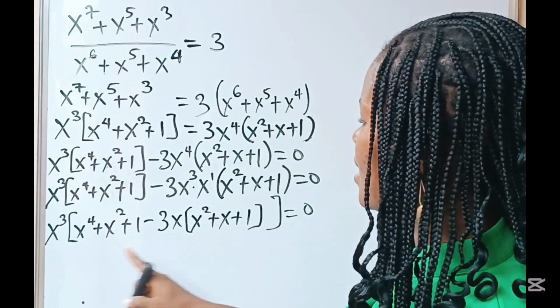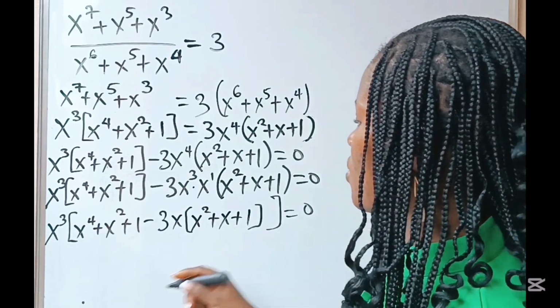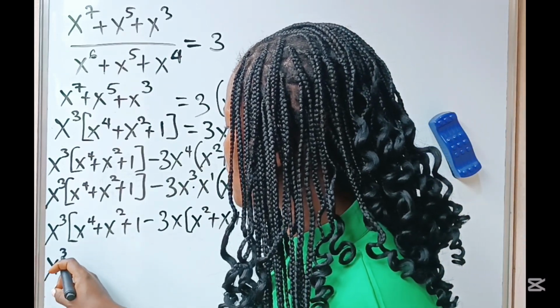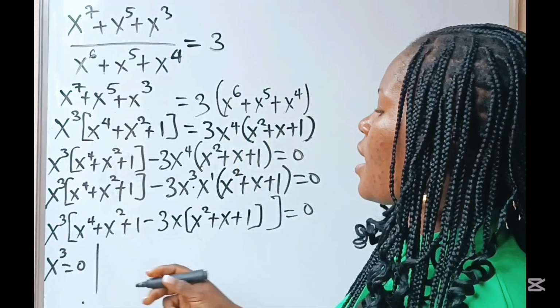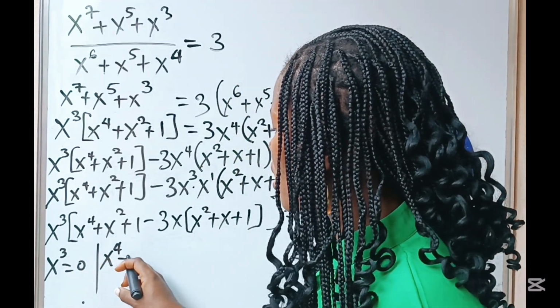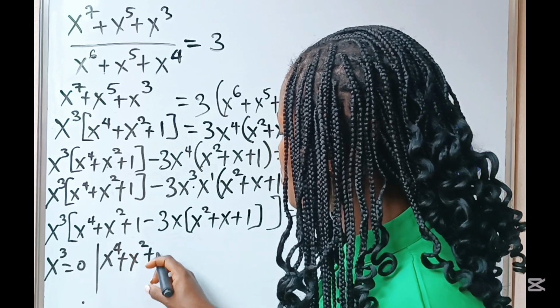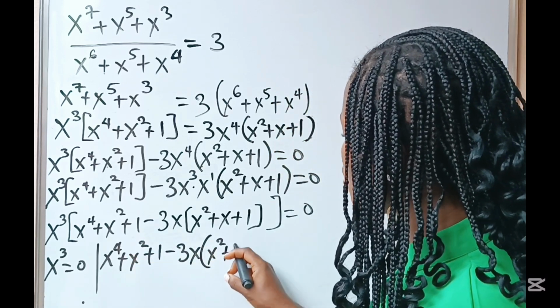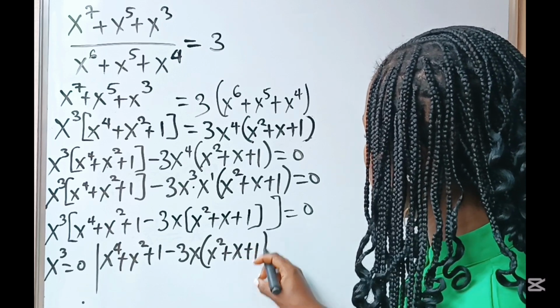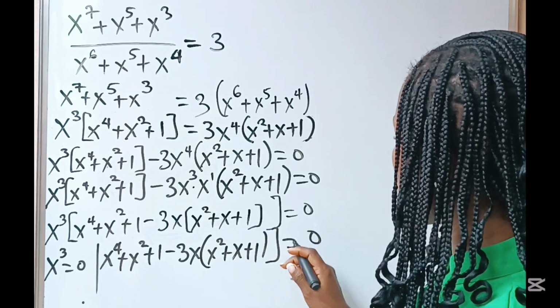So from here we can say that this is equal to 0, right? Yes, we can say x to the power of 3 is equal to 0, and we can also say that x to the power of 4 plus x squared plus 1 minus 3x brackets x to the power of 2 plus x plus 1 is also equal to 0.